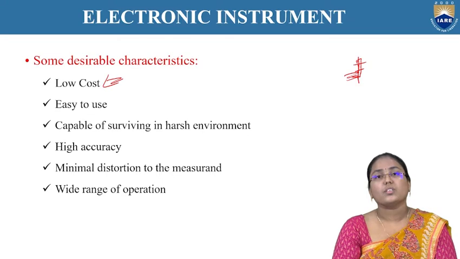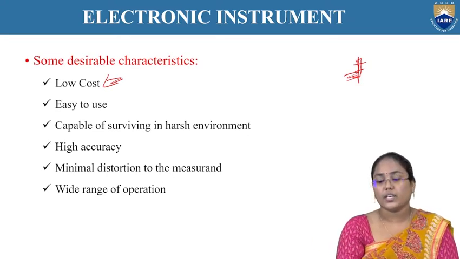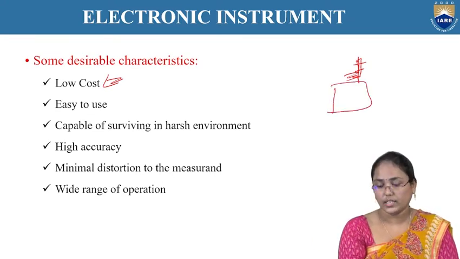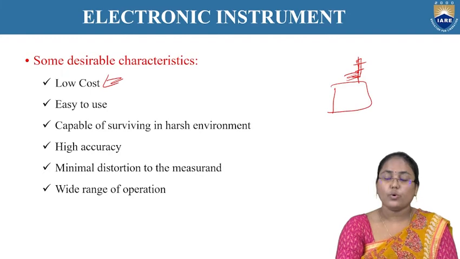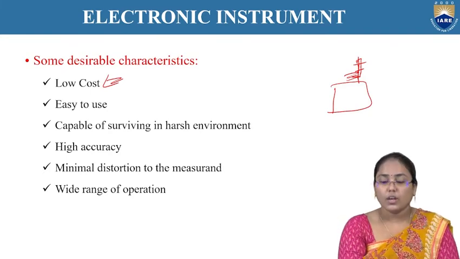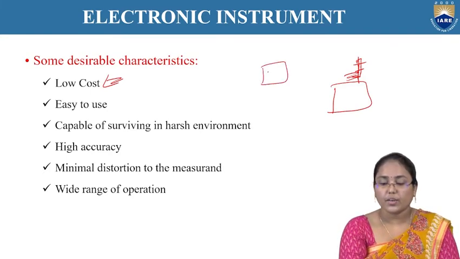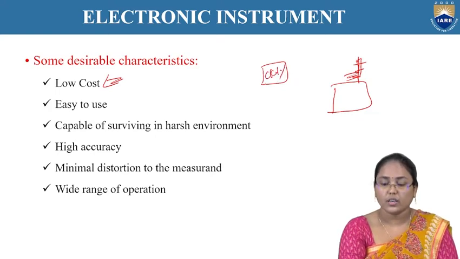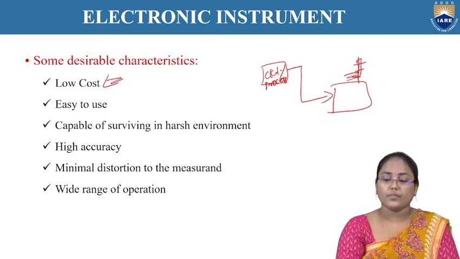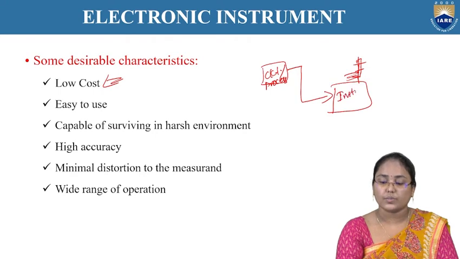Next one is high accuracy. Whenever we look for any instrument, this instrument, for example, is being used specifically only for the measurement process. Whatever output I'm giving from any circuit or any process, that output should not vary while we are visualizing it on the instrument.